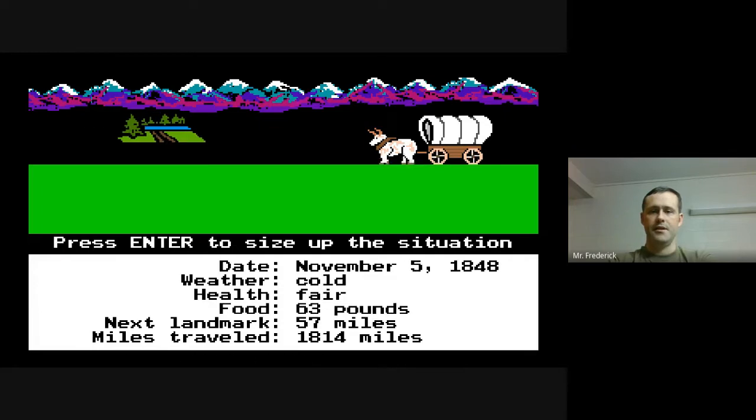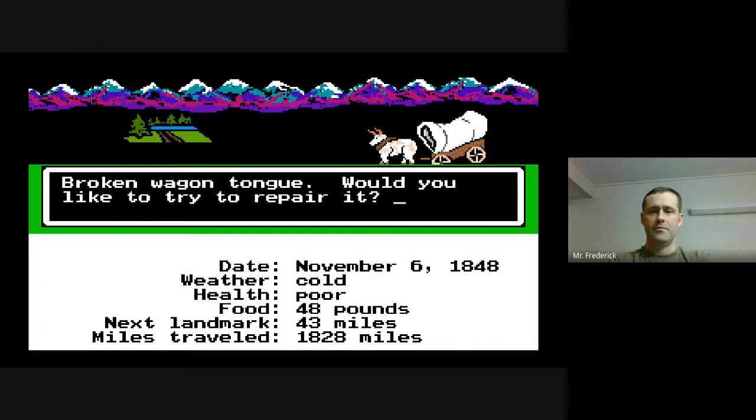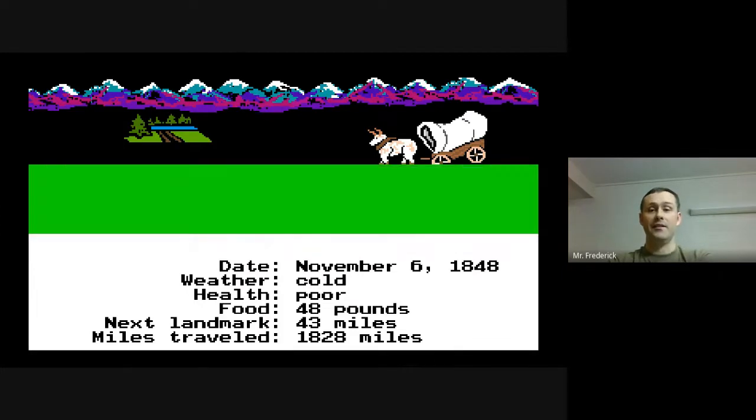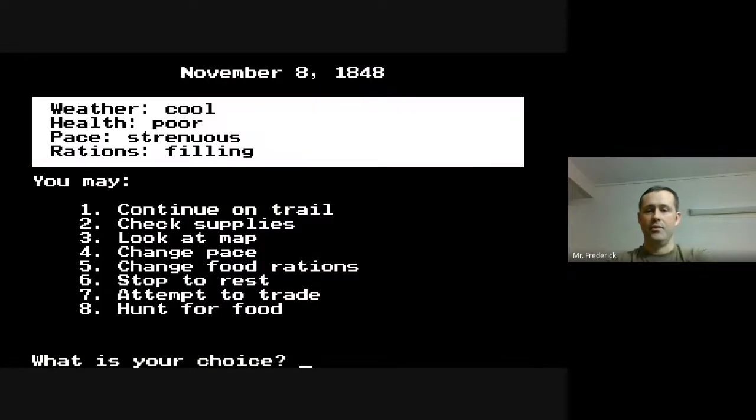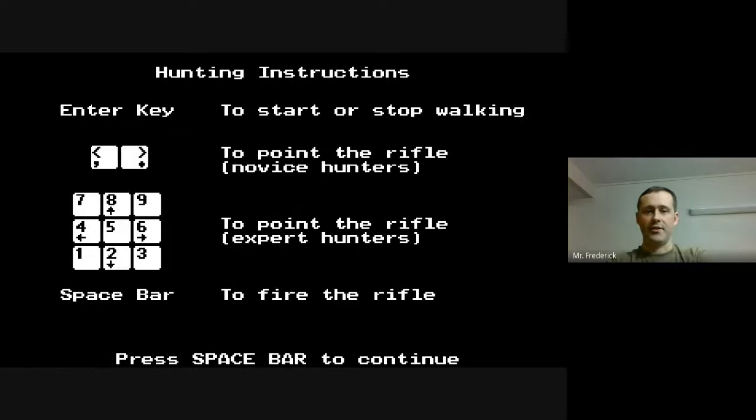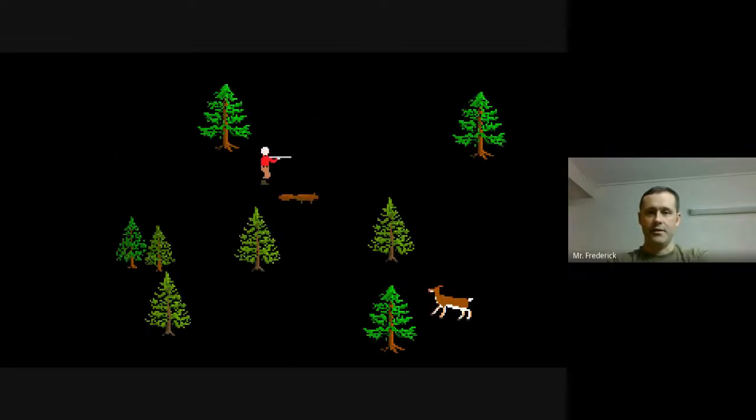Ben has measles. No. Broken wagon tongue. Would you like to repair it? Yes. You were able to repair the wagon tongue. Being a carpenter for the win. Let's hunt for food. Did you notice the weather changed in the background again? That was not good. All right.